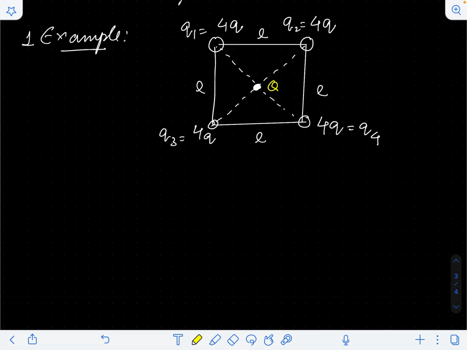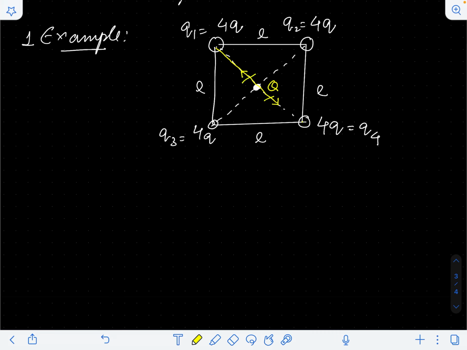It's very basic. By symmetry, Q1 will apply a force in this direction, and the same force will be applied by Q4 in the opposite direction. Q3 will apply force in this direction, so the net forces will cancel each other. So these two forces will cancel each other.